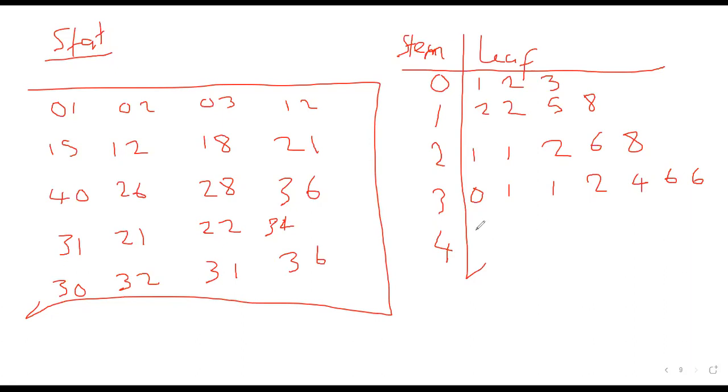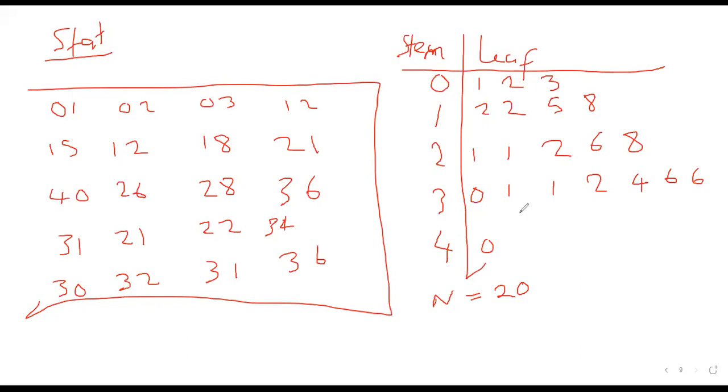Then on the 40s, 40 itself. So what is our n? How many are they? In total we are 20, right? Yes, 20.